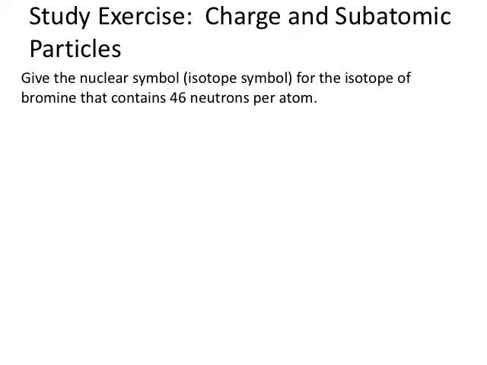This is recitation problem chapter 2, question 3. The question is: give the nuclear symbol, the isotope symbol, for the isotope of bromine that contains 46 neutrons.